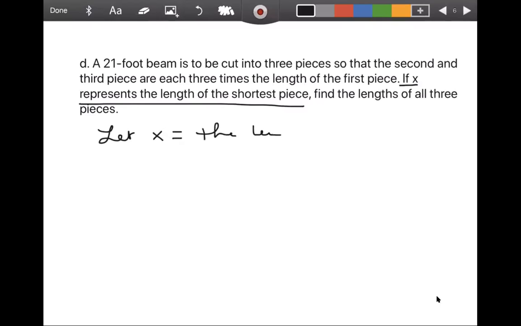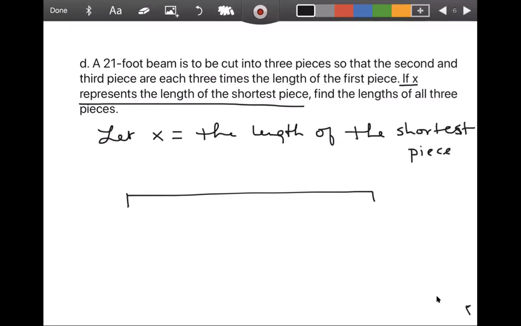Okay, so the length of the shortest piece, and maybe this time instead of writing out the whole thing in words like I did the last time, I'm just going to draw a picture. That should say shortest piece. Okay, so here is my beam.